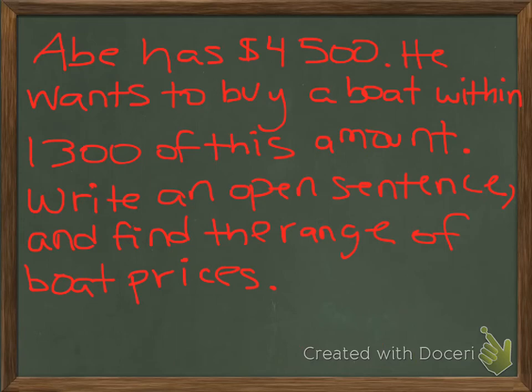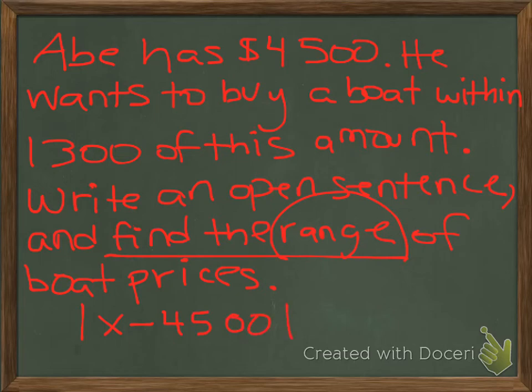The next one is an absolute value inequality that we're going to write and solve. And the reason why I know it's absolute value is it tells us find the range. The key word here is range, to help us determine that we need to write an absolute value equation. So absolute value is always x minus the given, which is the total. So if he has 4,500, we're going to put that as our given.